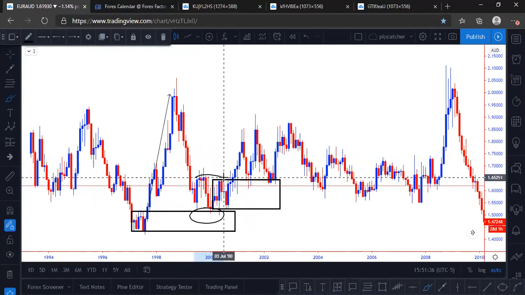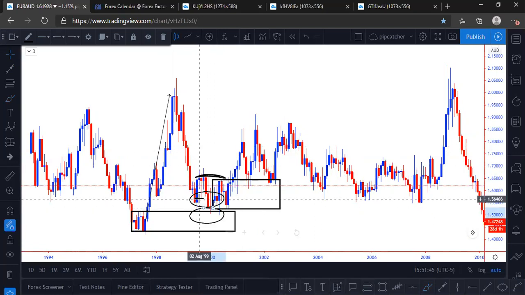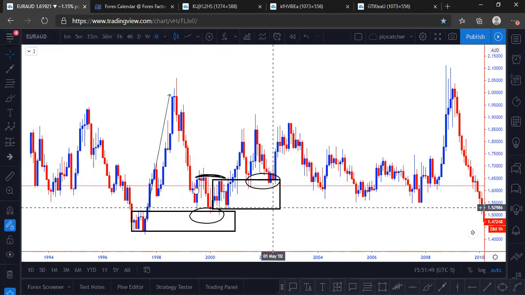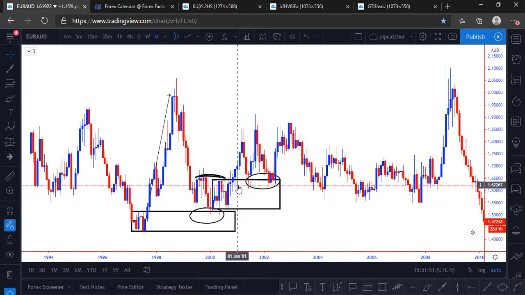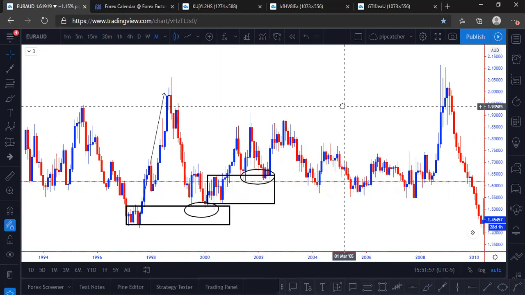Right here, we got a break of this structure. And then we found another entry in that base, or in that mitigation of the base right there.